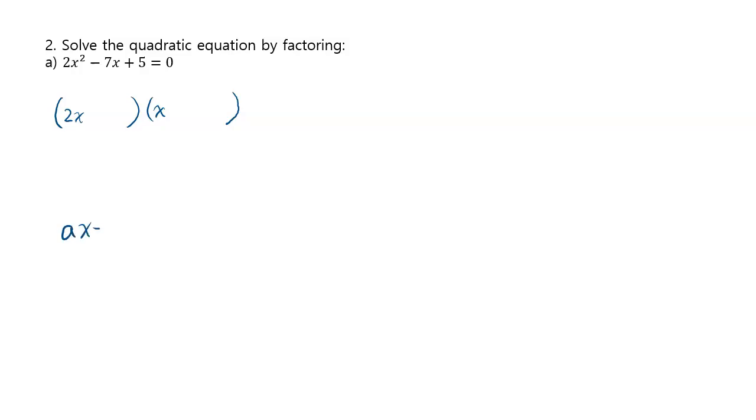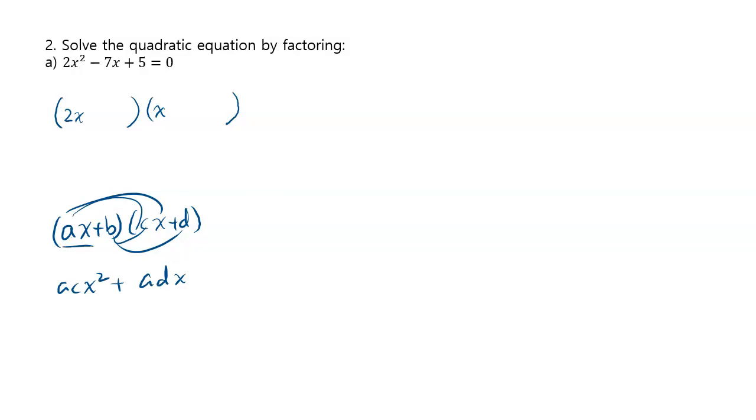If you have ax plus b and cx plus d, and if you do the FOIL, first, outer, inner, last, then ax times cx gives you acx squared. Then you have a times d, adx plus bcx, then b times d, which is bd.